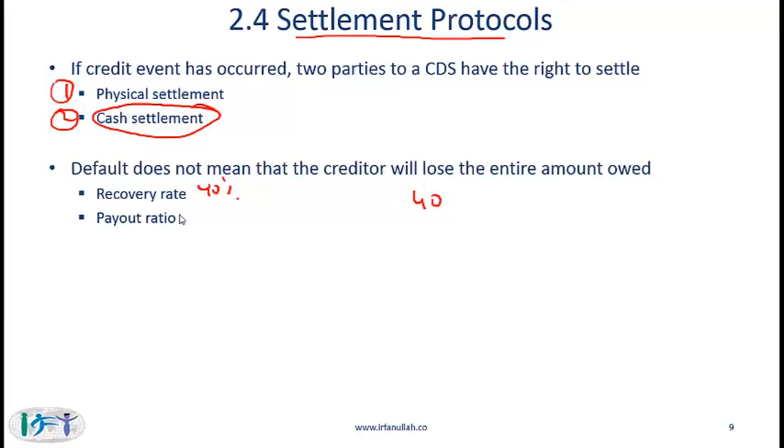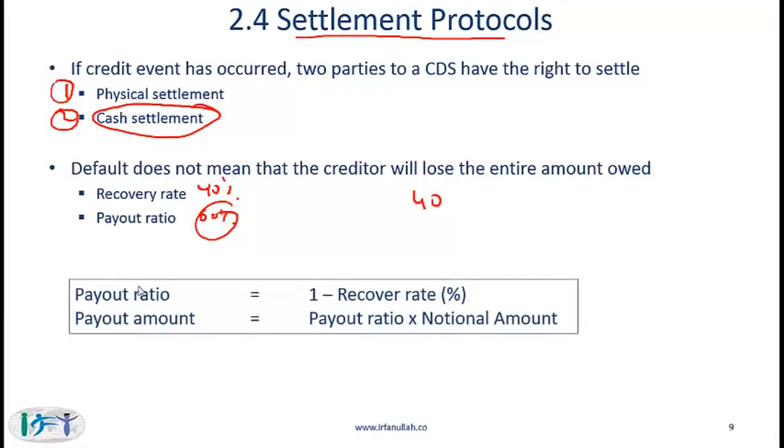Then in the context of the credit default swap, the payment which needs to be made is 60%, not the entire 100%. Note that what is happening here is that the protection buyer is being compensated for the credit loss, the amount that the protection seller will not receive.